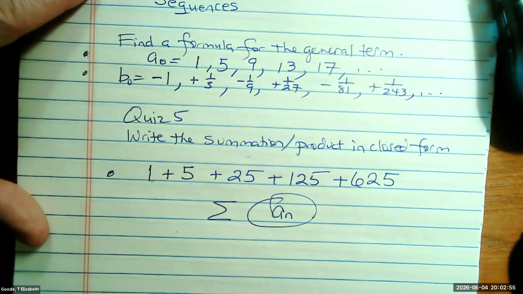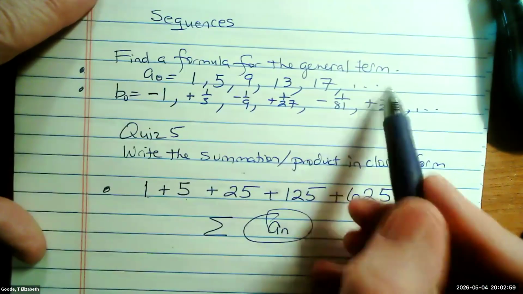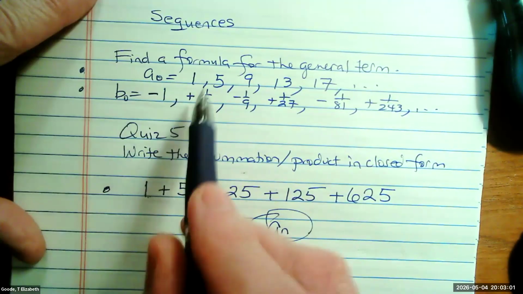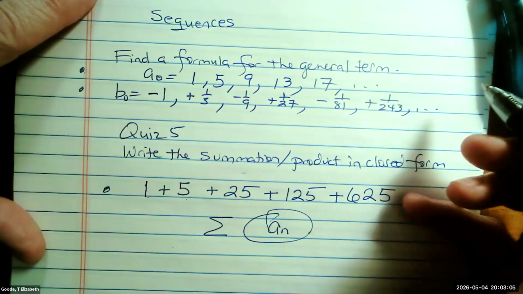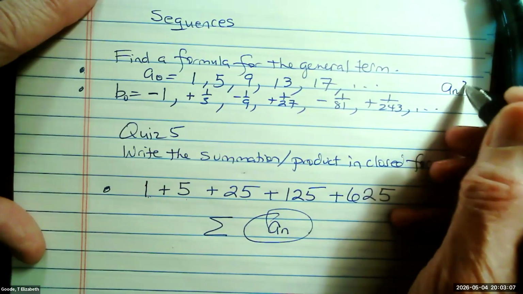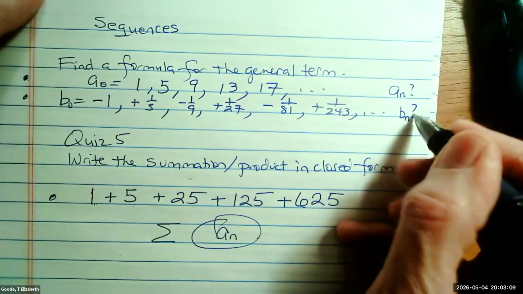So there's 2 different kinds of layers of complexity. The first layer, we practice just looking at a sequence and figuring out the general term, right? What is A sub n? What is B sub n?